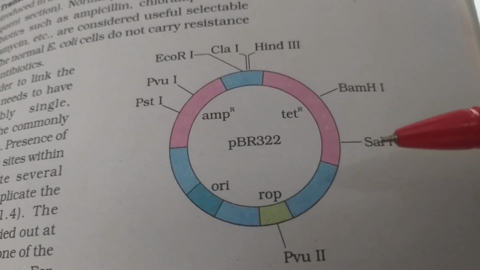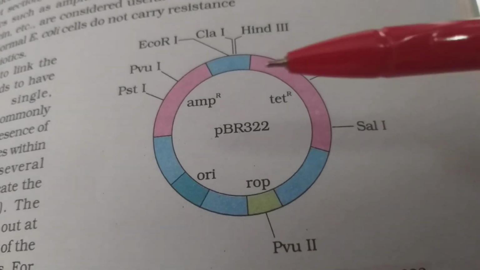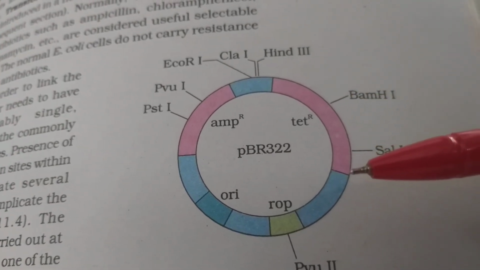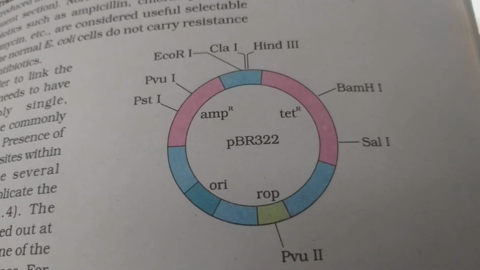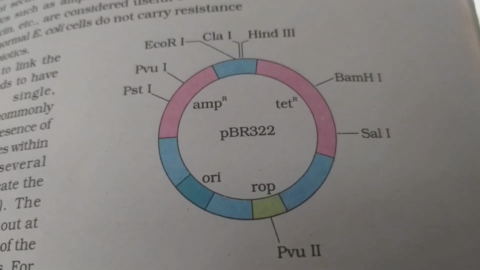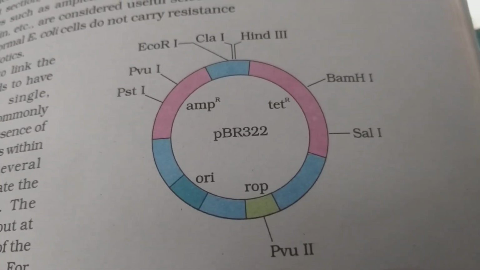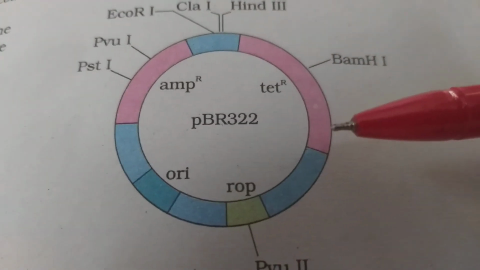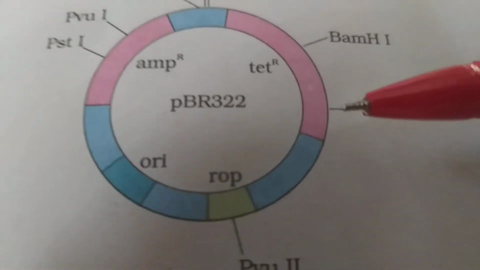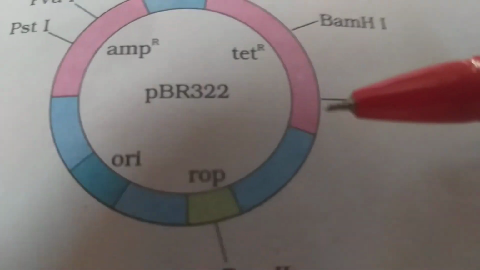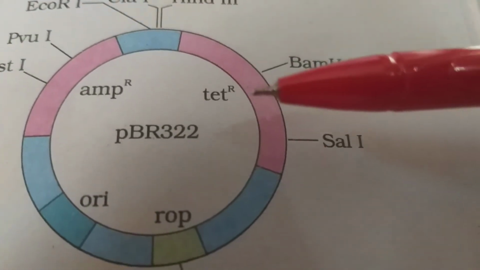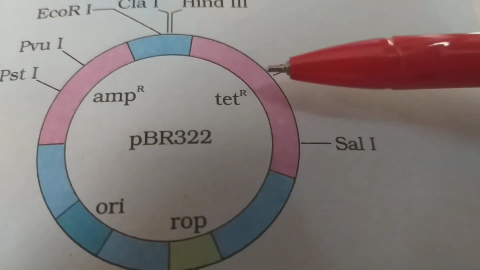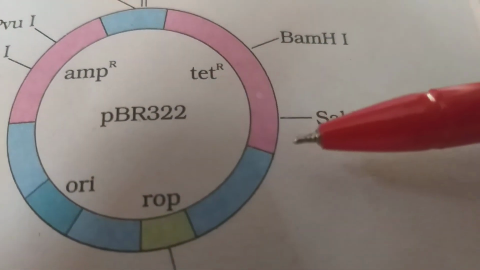These restriction sites are present within the tetracycline resistance gene.